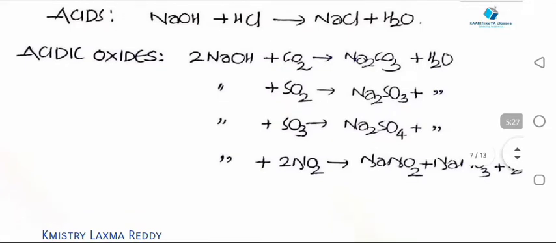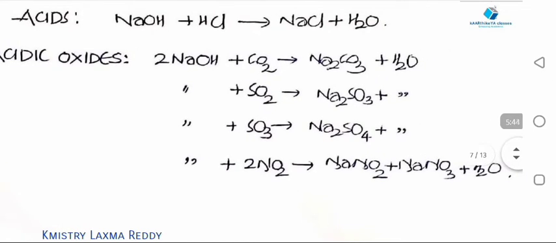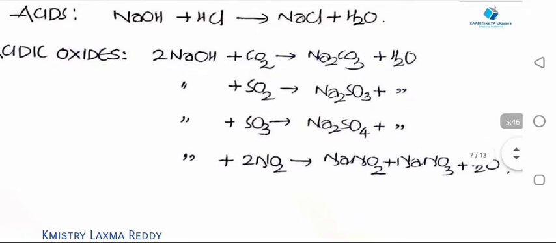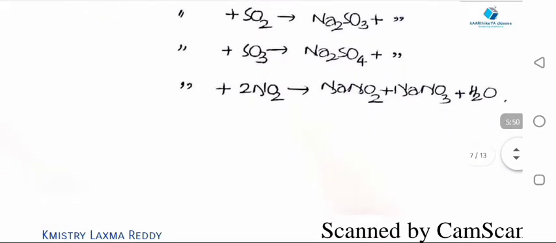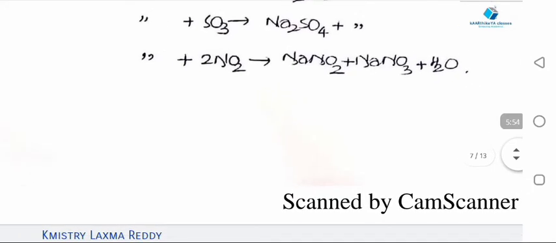With acidic oxides, sodium hydroxide reacts with carbon dioxide type of compounds, or sulfur dioxide or sulfur trioxide, nitrogen dioxide, all these. And salts are formed. With carbon dioxide, sodium carbonate; sulfur dioxide, sodium sulfite; sulfur trioxide, sodium sulfate. With nitrogen dioxide, interestingly, you will get NaNO2 and NaNO3.